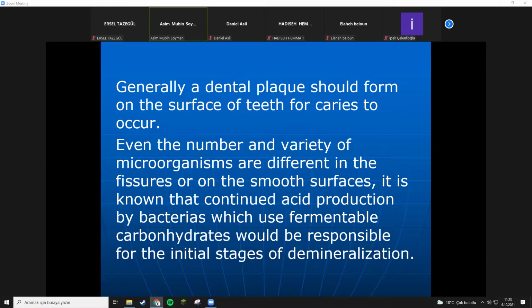If the host resistance, I mean the dental enamel, is very resistant against the acids, then even if the bacteria produce acids, the dental enamel will never be dissolved. This is important. This is the reason children have more caries, because they have octocalcium phosphate crystals, and octocalcium phosphate crystals are not resistant against acids.